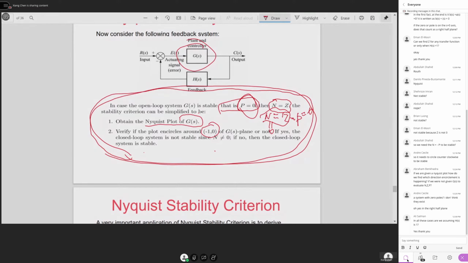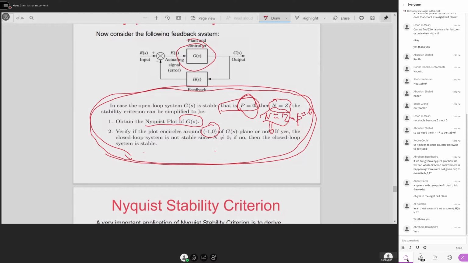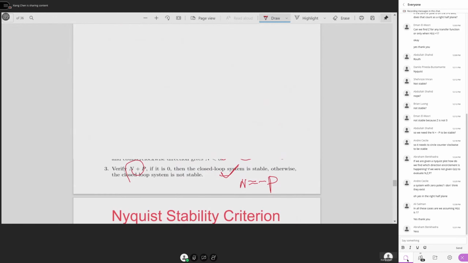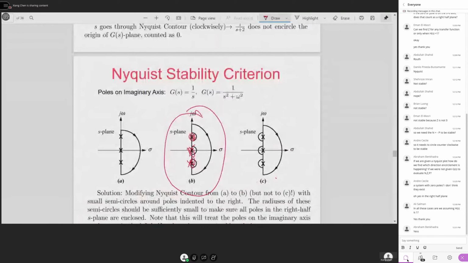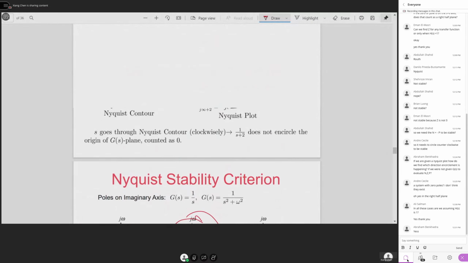Abraham, I see your question. If we are given a Nyquist plot, how do we find the direction? If you use MATLAB to draw it, MATLAB will show you the direction. Also, if you recall when I talked about the polar plot, go here.